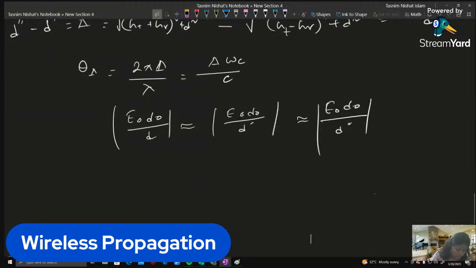which leads us to E total equal to E0 d0.